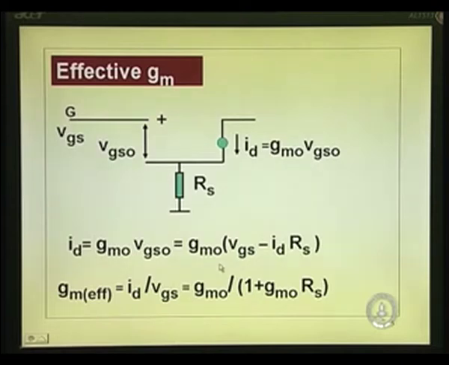Transconductance in the real device is ID divided by the applied voltage. This is a small signal voltage, not DC, incremental quantities. ID divided by VGS. So, VGS is given by the sum of these two. So, you get this quantity. So, what you are telling is GM effective is GM0, the intrinsic GM, divided by 1 plus GM0 times RS.